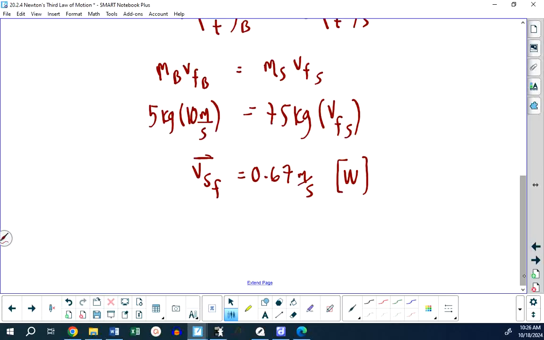The reason it comes back so much slower has to do with the mass. The net force is related to the mass. Net force acting on the student results in a little acceleration. That same net force acting on the ball results in a greater acceleration, which explains the two speeds. Okay?